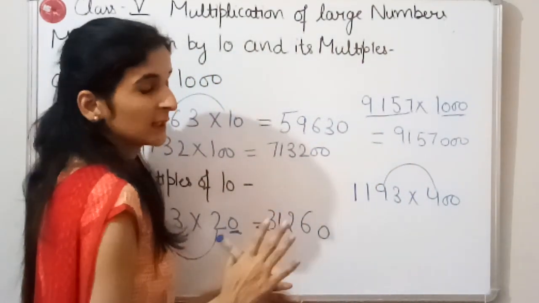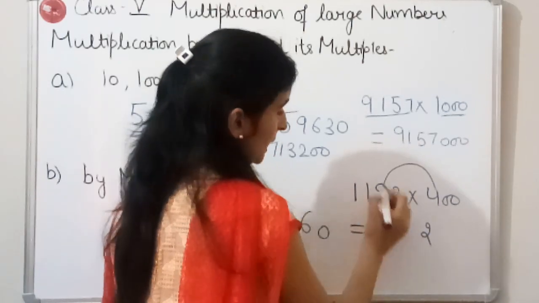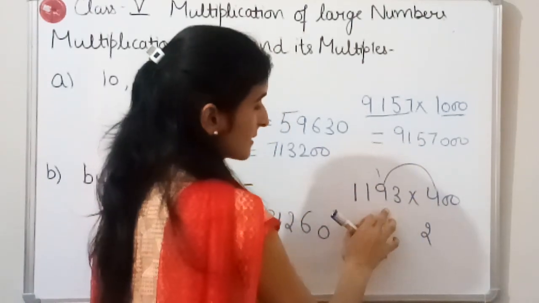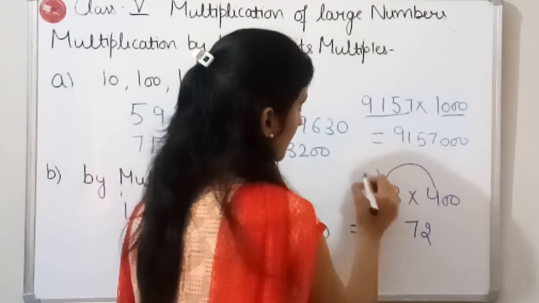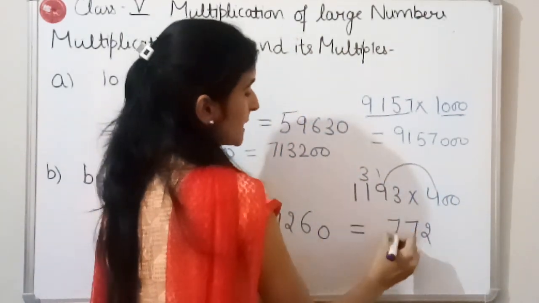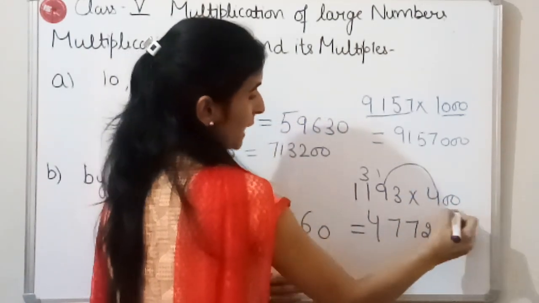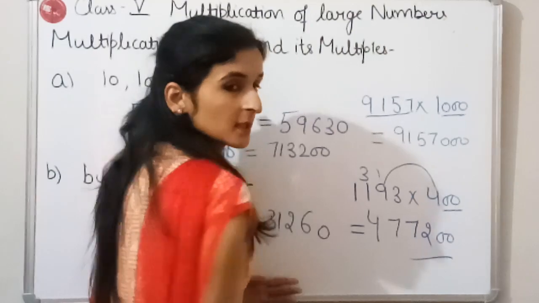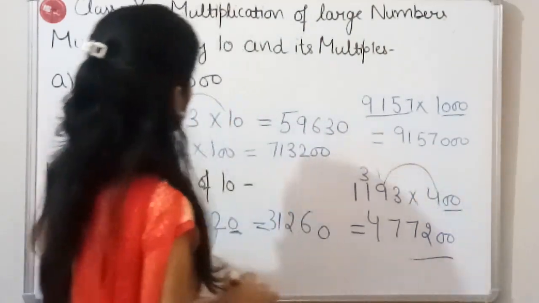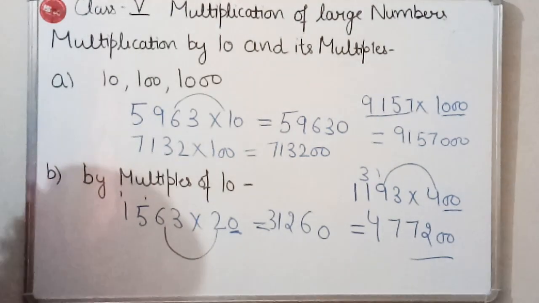It means we have to multiply by the non-zero part. 4 3s are 12, 4 9s are 36, 36 plus 1 is 37. 4 1s are 4, 4 plus 3 is 7. 4 1s are 4 and then we have to put these two zeros. So this is the method to multiply a number by 10 and its multiples.